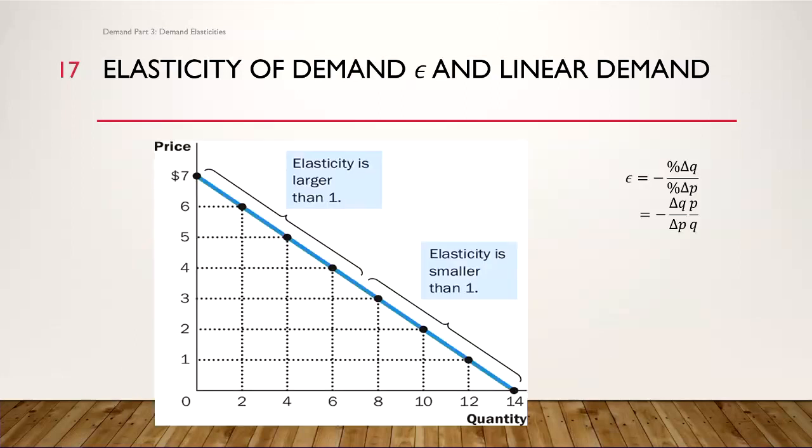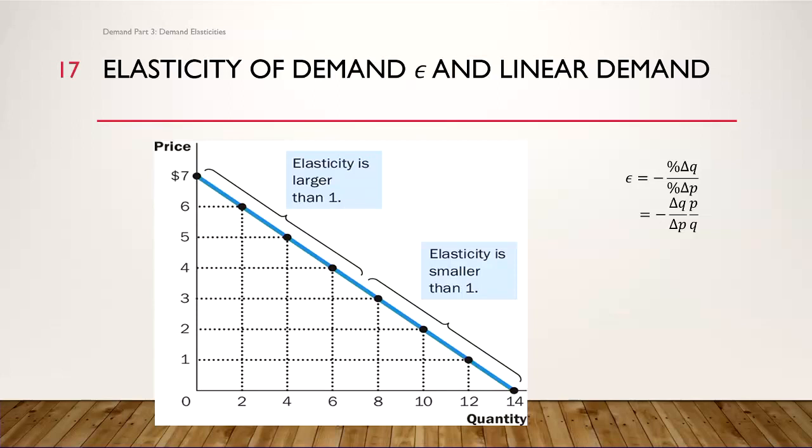So here's what it looks like for a linear demand curve. At the horizontal axis, here at quantity of 14, the elasticity of demand is 0. As we go up the linear demand curve, the elasticity increases. Initially, it goes from 0 to a positive number, but less than 1. So that's inelastic demand.